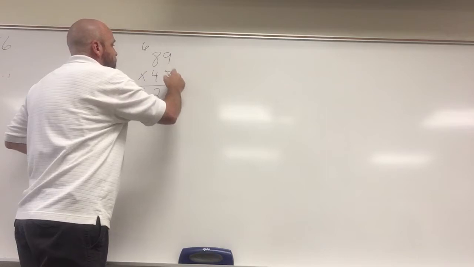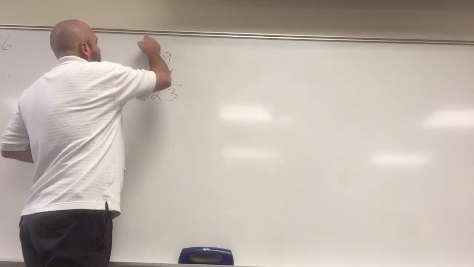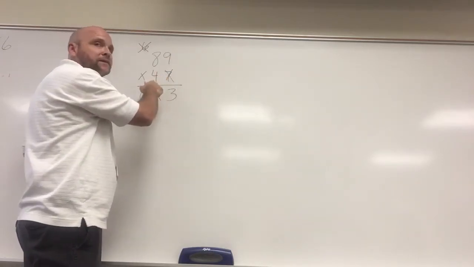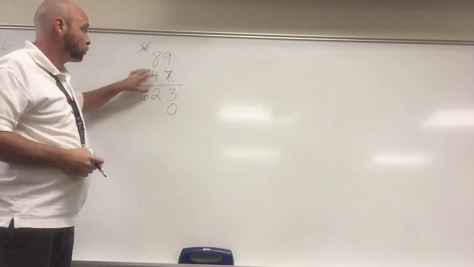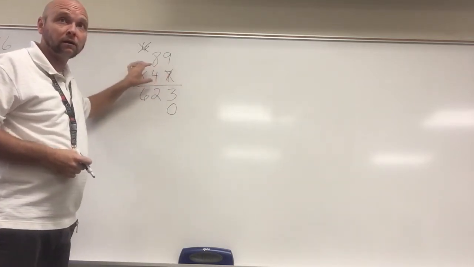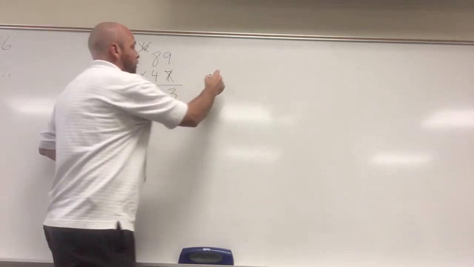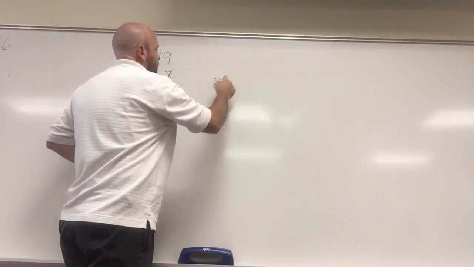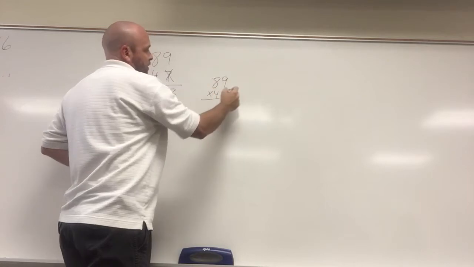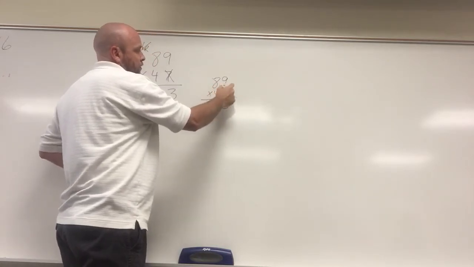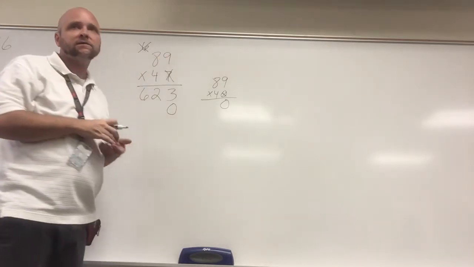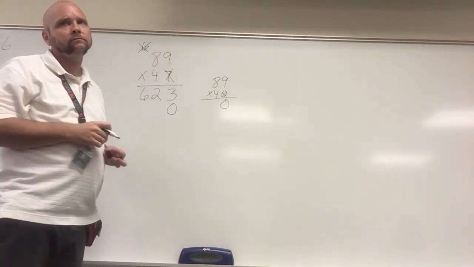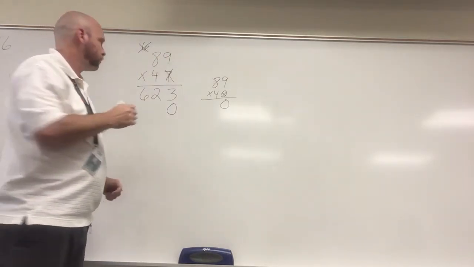We're done with the ones place. We're done with what we carried there. We're going to start in the tens place, so we have to put a 0 there, because we're basically multiplying by 40. Remember when I said if I multiply 89 times 40, all I'm doing is moving that 0 there and then multiplying by 4. Okay, so 4 times 9 is 36.